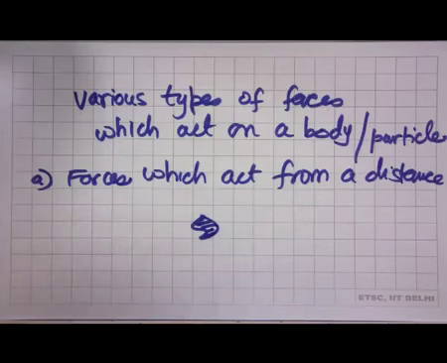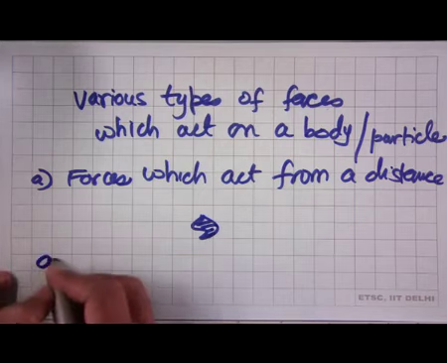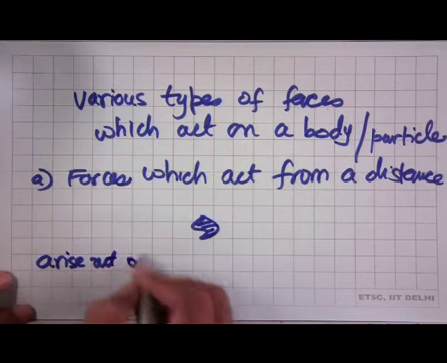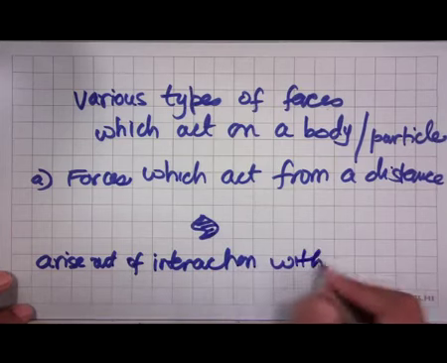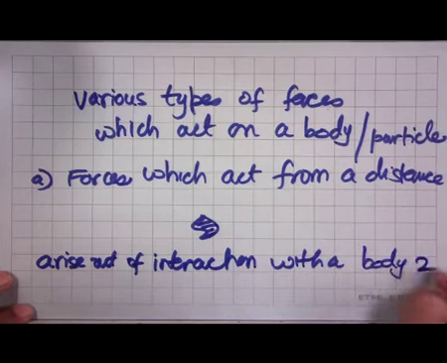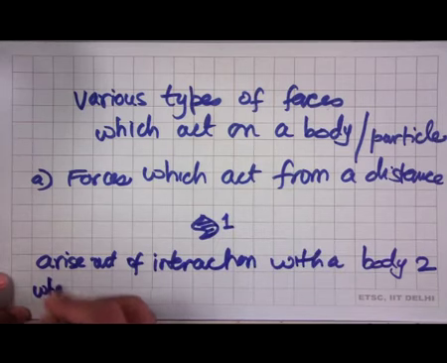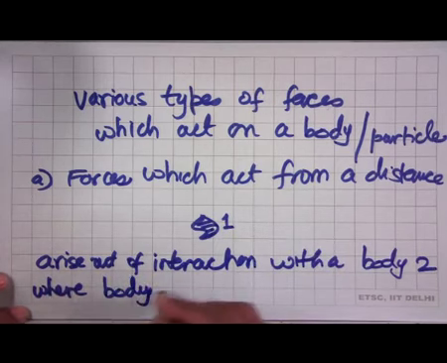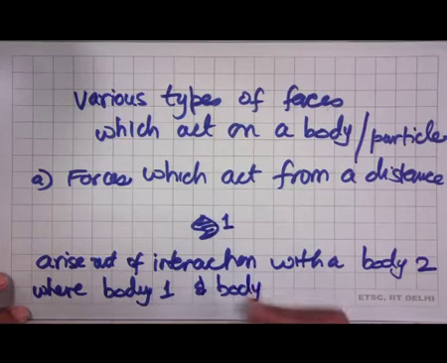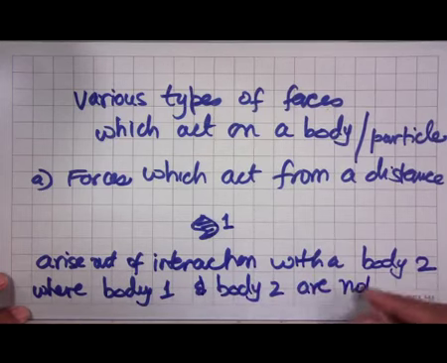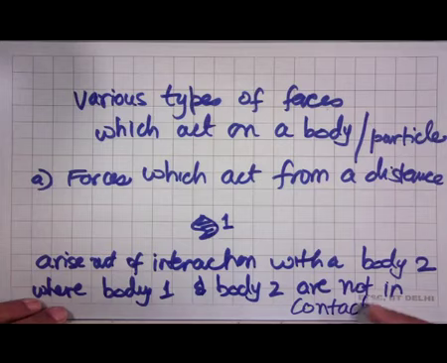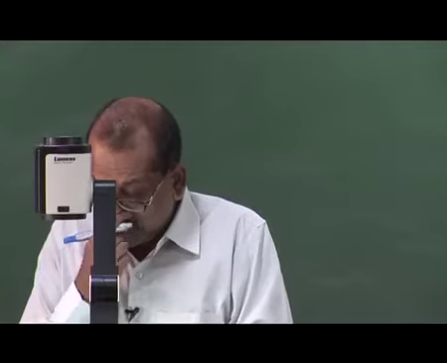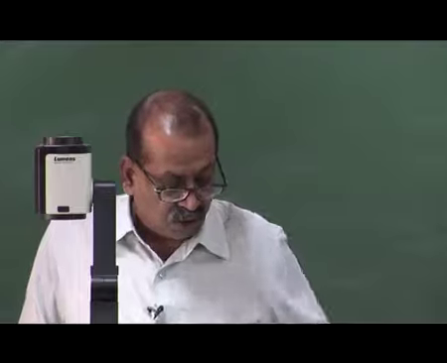These forces arise out of interaction with a body 2. Let us say this is body 1, where body 1 and body 2 are not in contact. The bodies are not touching each other, but they exert a force on each other.